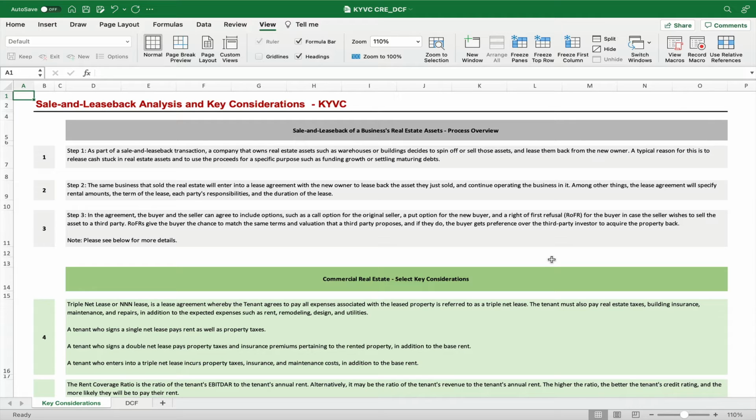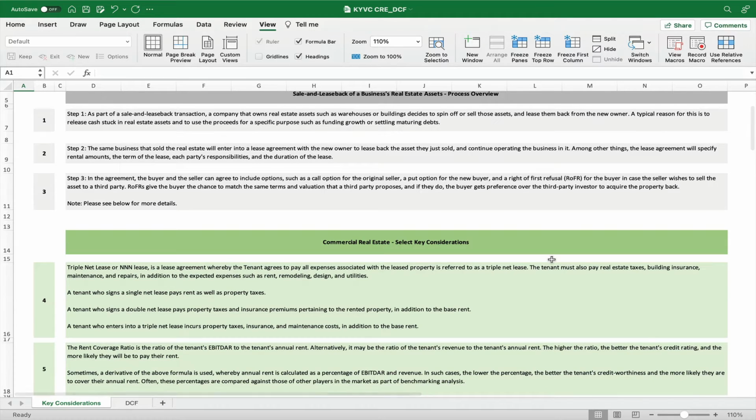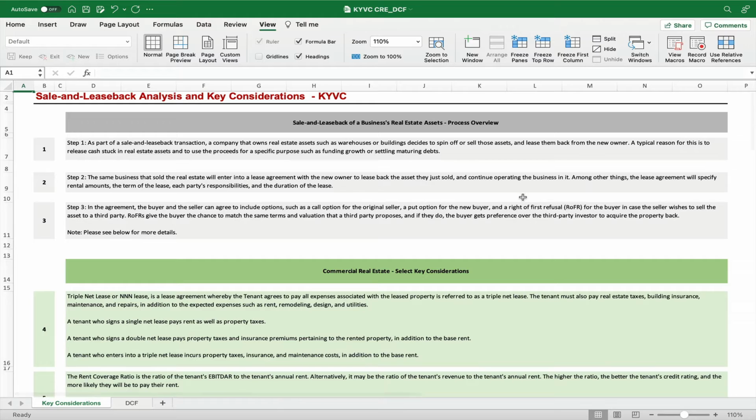It is simply assurance that is given to the party that is selling the real estate today that if the new investor wants to sell that real estate that they acquired, before they do so and sell it to a third party, they have an obligation to come back to the seller today and tell them, this is the deal that we have.